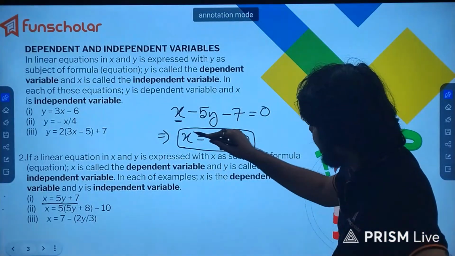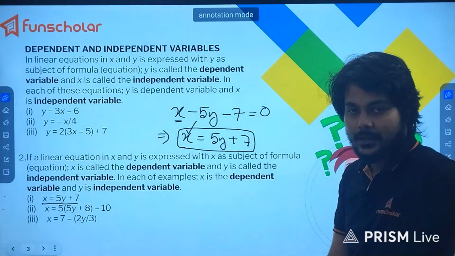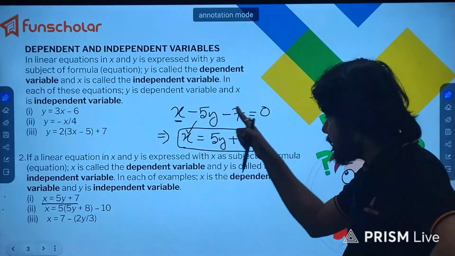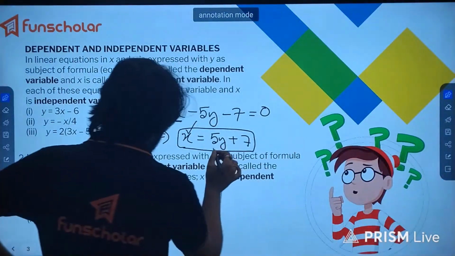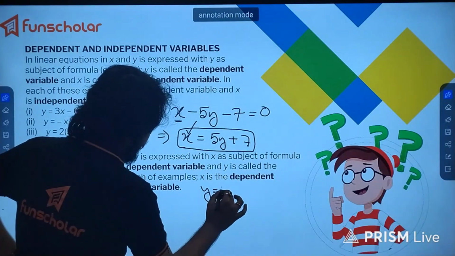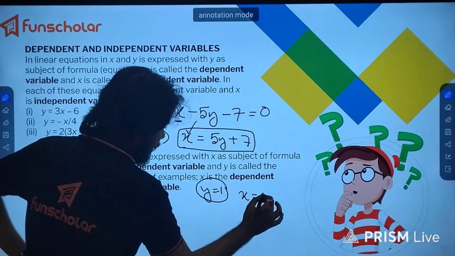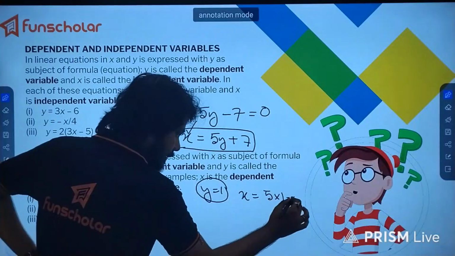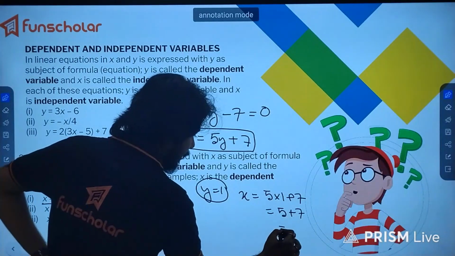So here the value of x is dependent on the value of y, because if we take y as 1, then the value of x will be 5 into 1 plus 7, 5 plus 7, 12.